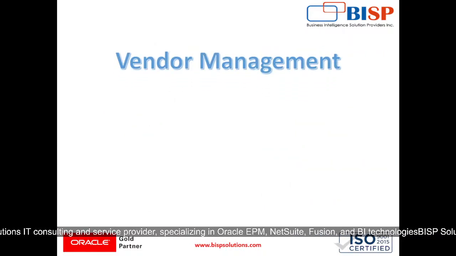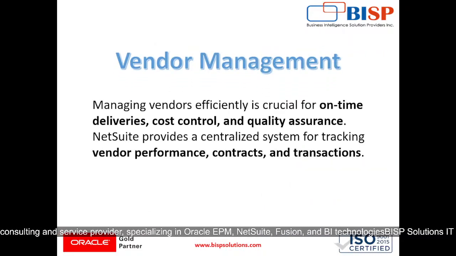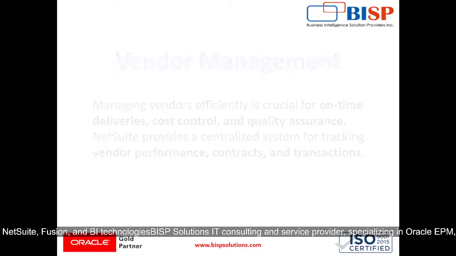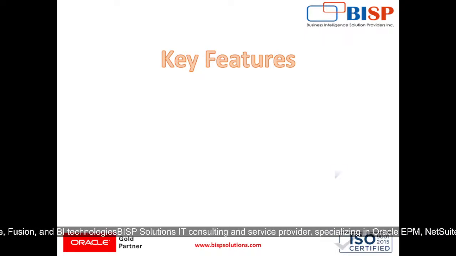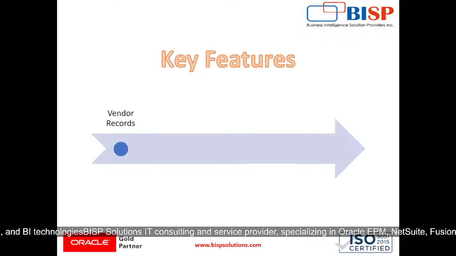After that, vendor management. Managing vendors efficiently is crucial for on-time deliveries, cost control and quality assurance. NetSuite provides a centralized system for tracking vendor performance, contracts and transactions. Key features involved in vendor management are vendor records, where it stores complete vendor details like contact, banking, tax information and so on.